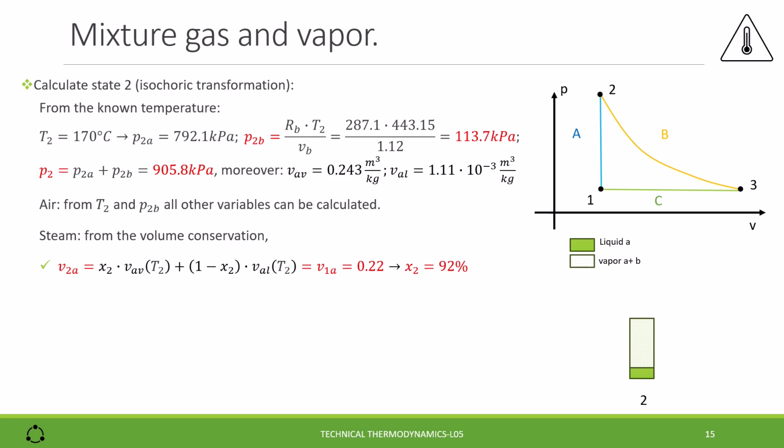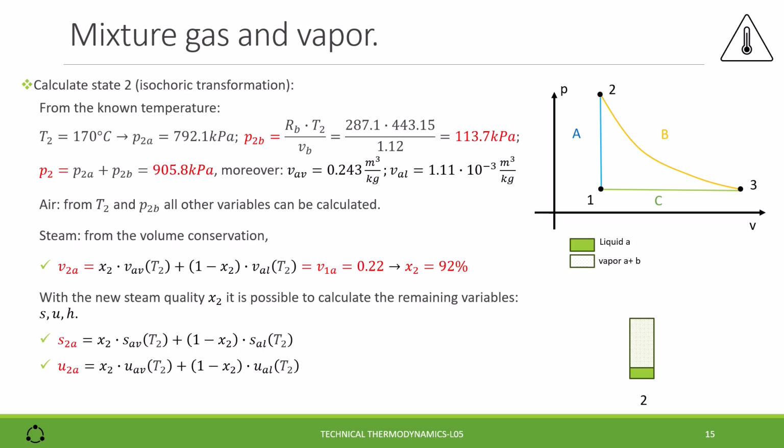We find 92%. With the steam quality, it is now possible to calculate the remaining variables, entropy, internal energy, and enthalpy, with similar formulas.